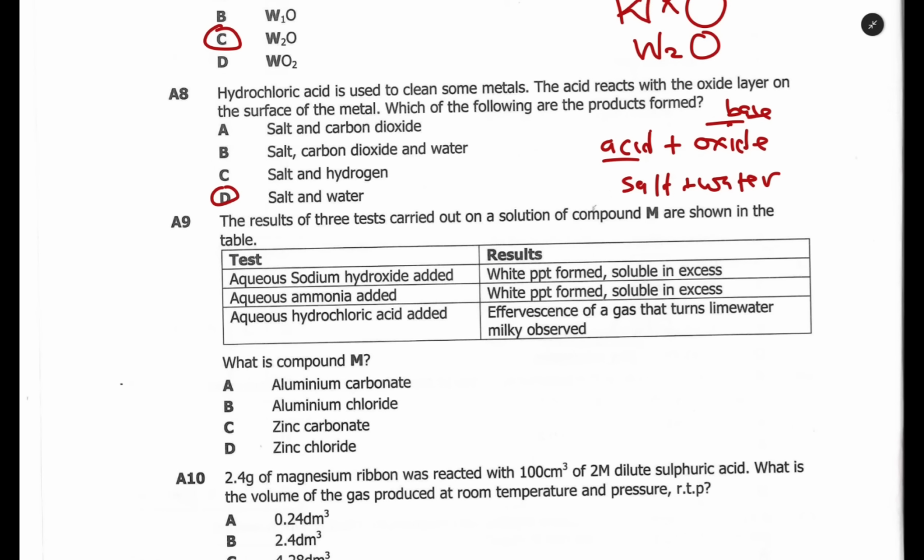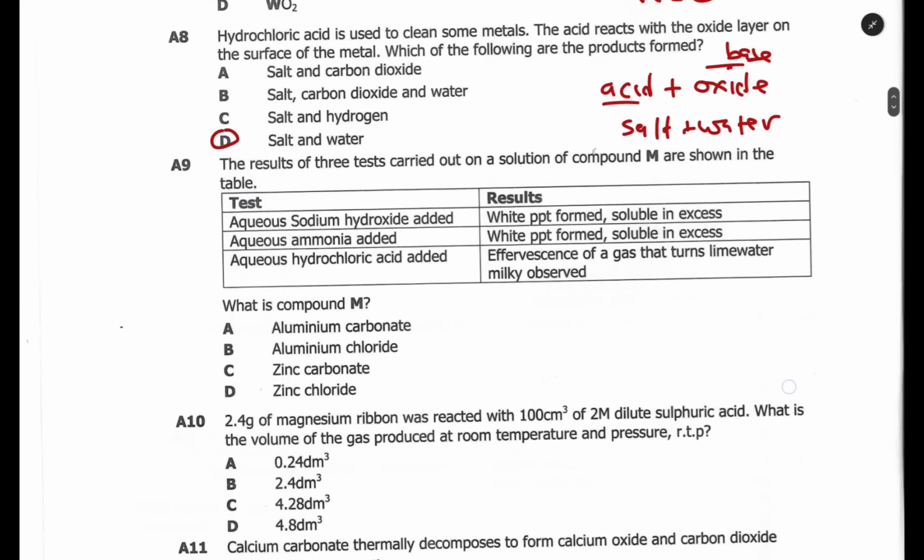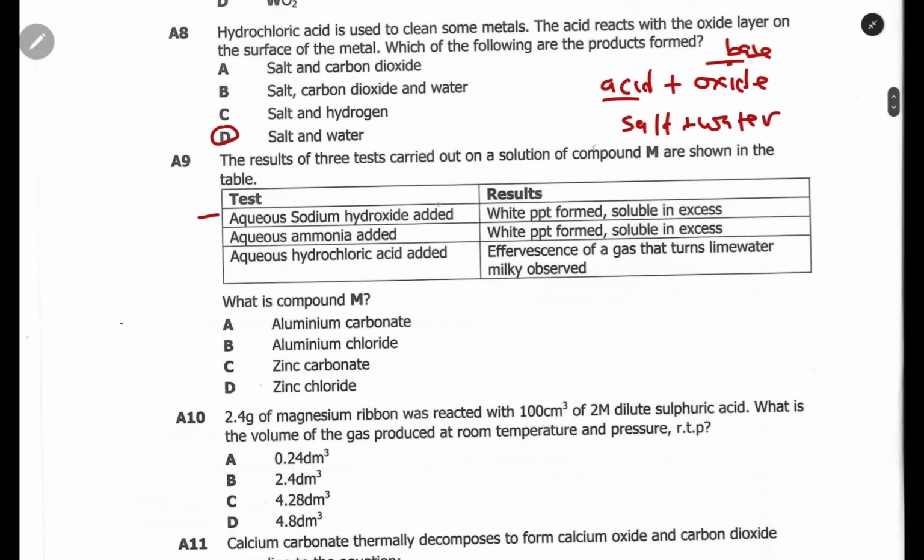The results of 3 tests carried out on a solution of compound M are shown in the table. As you can see, the table. So for test 1, using aqueous sodium hydroxide, what are the results? White precipitate, PPT please, is precipitate.